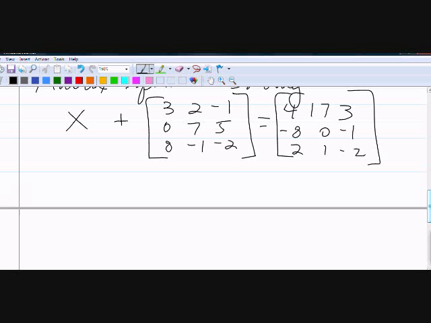Well, I'm going to solve for this matrix X. So I'm solving an equation where the variable is a matrix.